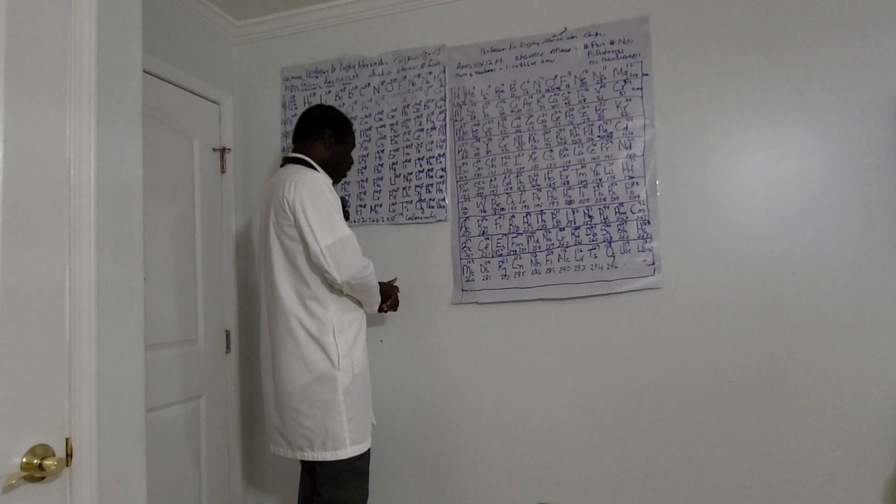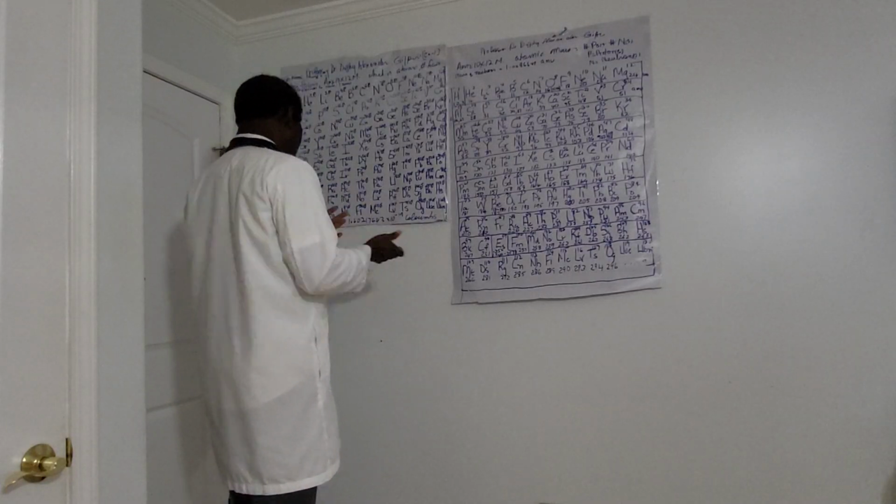That would be another focus, looking at the electron configuration, how many electrons are in the inner orbit, the outer orbit, the s orbit, the p, the d, and so on. So that will be another lecture. But right now, any number, 101, that will be mendelevium with 101 electrons.